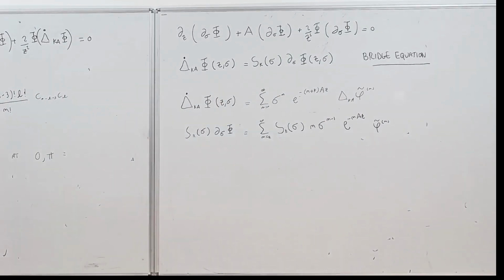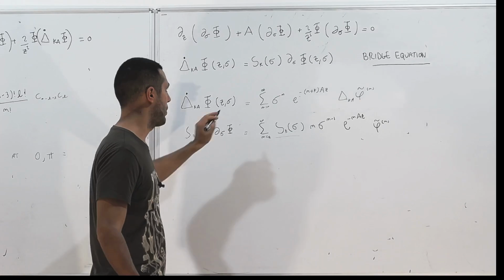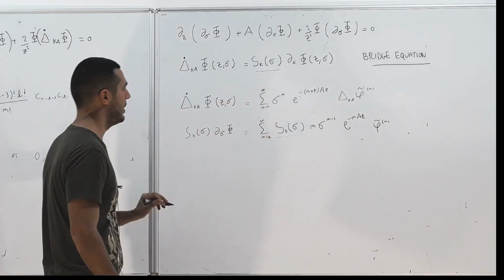I've taken the derivative of sigma to the n, which gives me n sigma to the n minus 1, multiplied by this proportionality constant that appeared in the bridge equation.